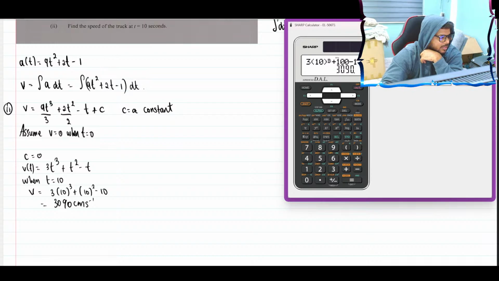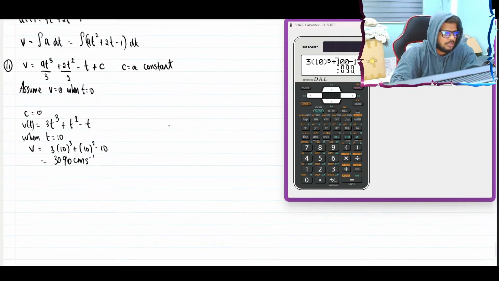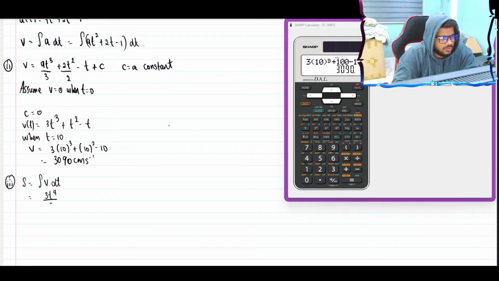Find the distance covered by the truck between 5 and 10 seconds. Express your answer to the nearest whole number. Alright, so part 3. We know that our s is the integral of v with respect to t, which is 3t to the power 4 over 4 plus t cubed over 3 minus t squared over 2 plus k, where k is also a constant.